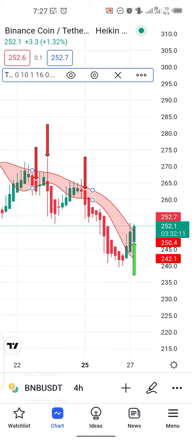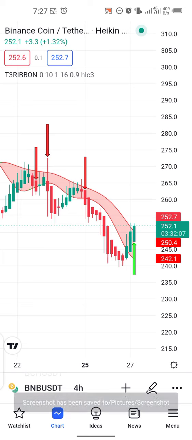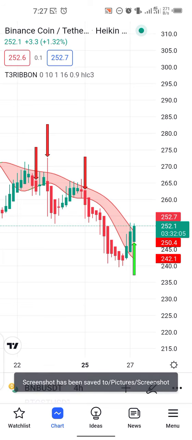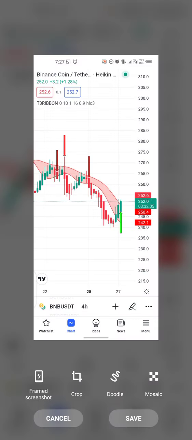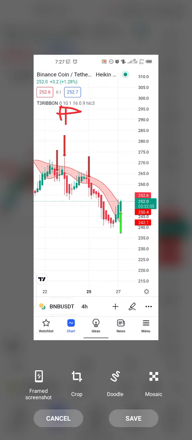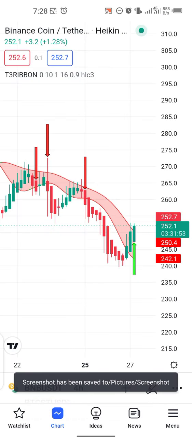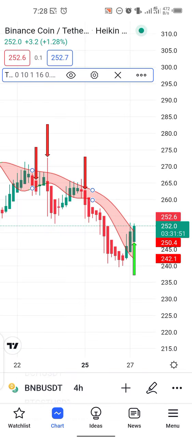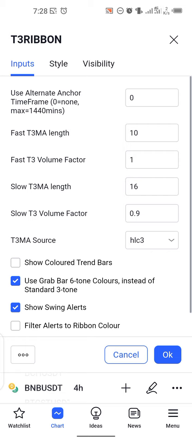All right, now let's go back to the settings. Remember we said for us to go into the settings, the first thing we tap, we shall come and touch this area here, and we shall tap on settings.